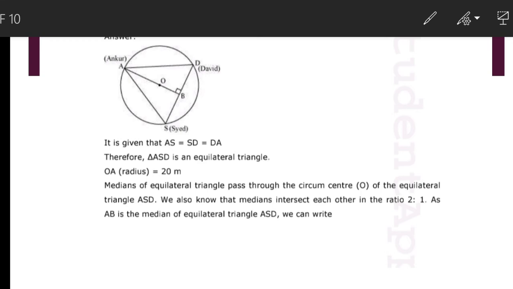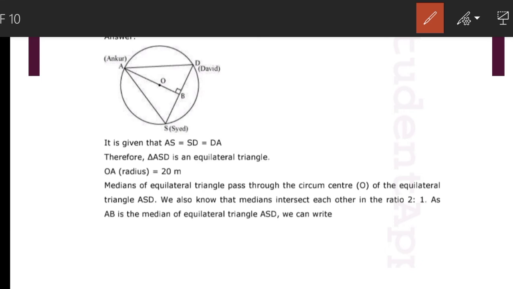So see the diagram that I have drawn, and the diagram of the question will be like this. We have drawn a line from A which passes through the center of the circle and meets SD at B. So OB is a line drawn from the center of the circle, and SD is a chord of the circle.